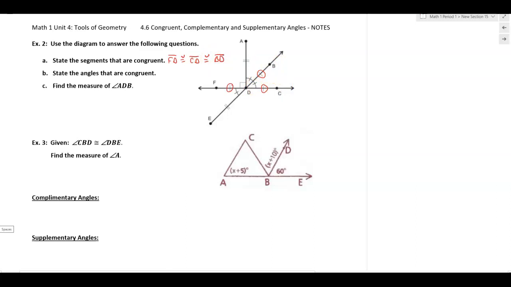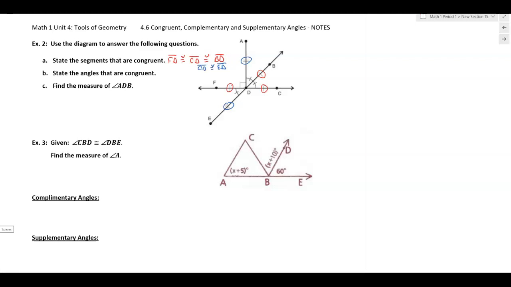And again, we want to name these as segments and make sure we're using proper notation. Then I see double tick marks, so I could also say that AD is congruent to ED. Right now, there are no other segments that are congruent, so I'll move on to angles.